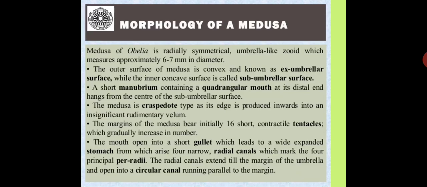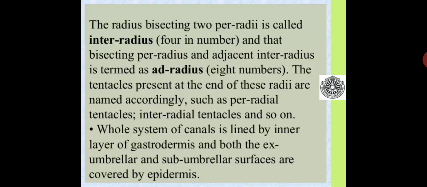The radial canals extend to the margin of the umbrella and open into a circular canal running parallel to the margin. The radius bisecting two perradii is called the interradius, which are 4 in number, and that bisecting a perradius and adjacent interradius is termed the adradius, which are 8 in number.